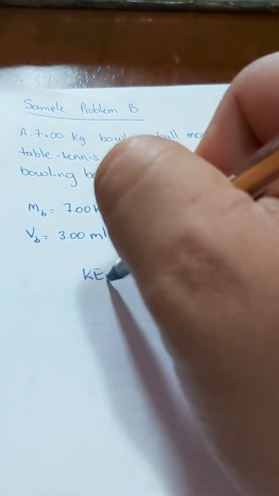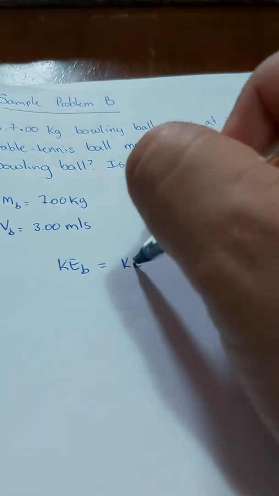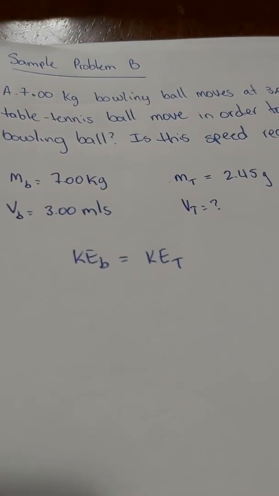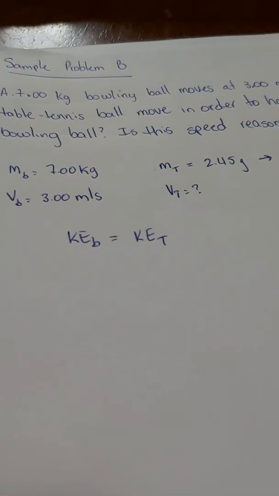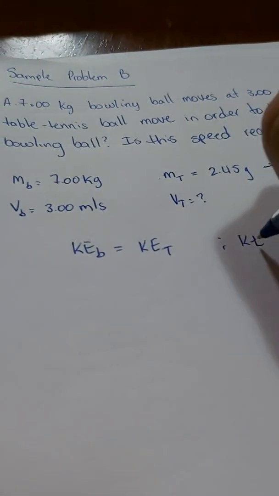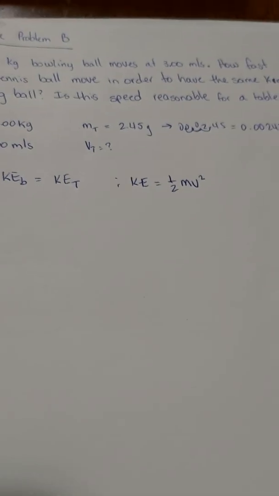Now, we know that the kinetic energy for the bowling ball has to be equal to the kinetic energy of the table tennis ball. So by definition, we know that kinetic energy is equal to 1/2 mass times velocity squared.